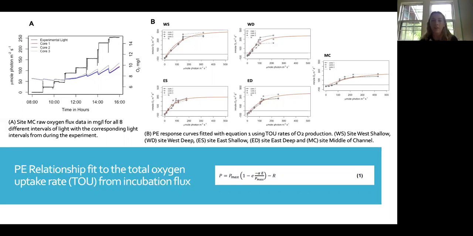And as you can see, most of the plots on here are very similar, except for the middle column, which seemed to be significantly lower for Pmax and leveled off quite quickly compared to the other sites.